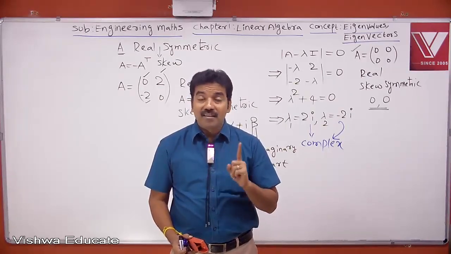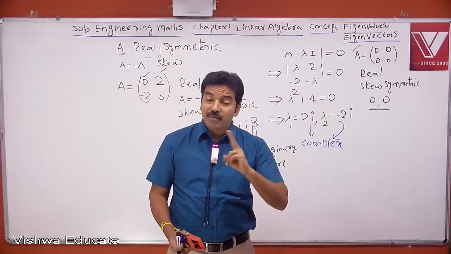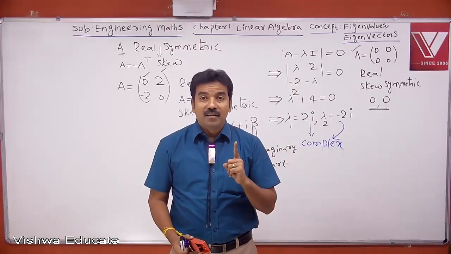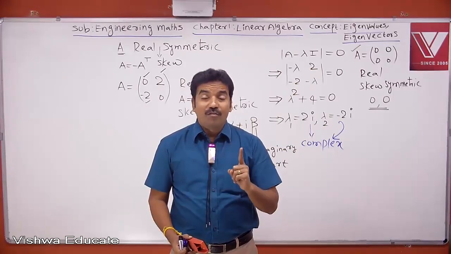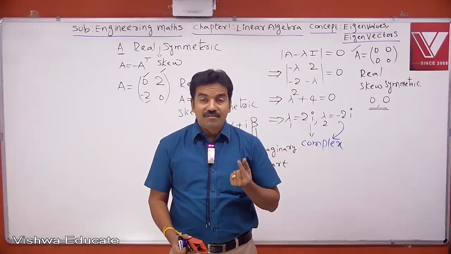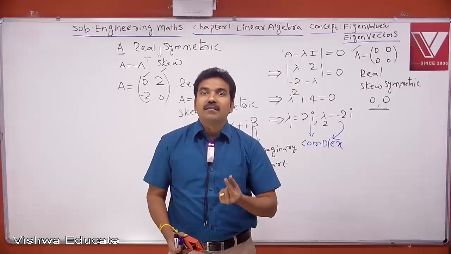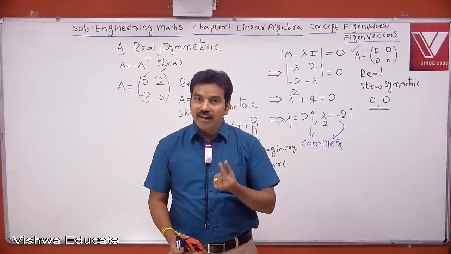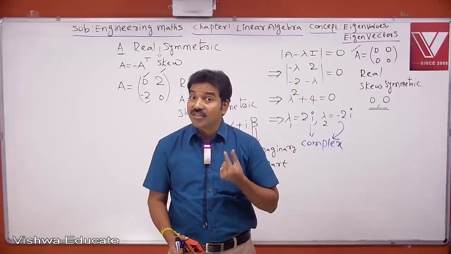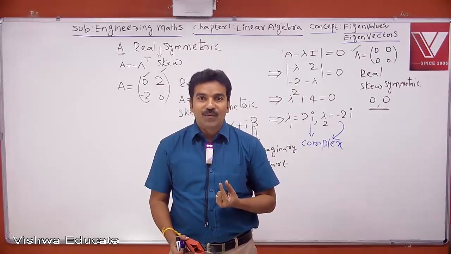And today one point is, if A is a singular matrix, its det is 0. So when you combine these 2 points: the determinant of a skew symmetric matrix of odd size is 0, and if something is a singular matrix, one of its eigenvalues is 0. When I combine these 2 points, if something is a real skew symmetric matrix of odd size, it implies at least one of its eigenvalues is 0.